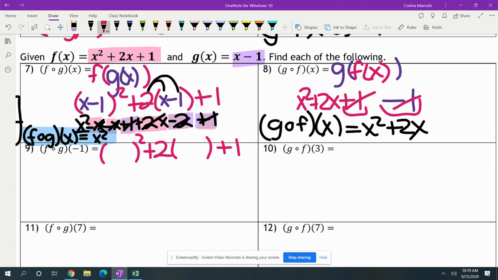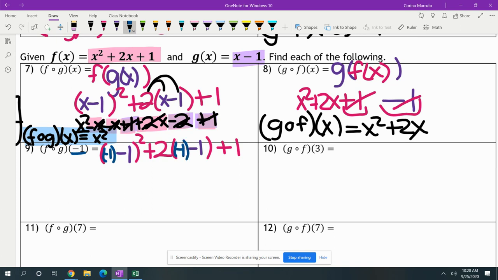Okay. And then from there, we are going to plug in our G function. So our G function is x minus 1 squared plus 2 times x minus 1. But they don't want us to put x's here. Instead of x, they want us to plug in a negative 1. So I'm going to put negative 1 and here negative 1.